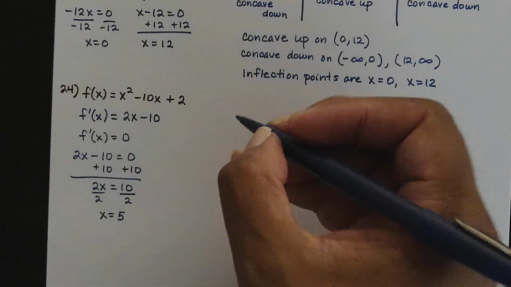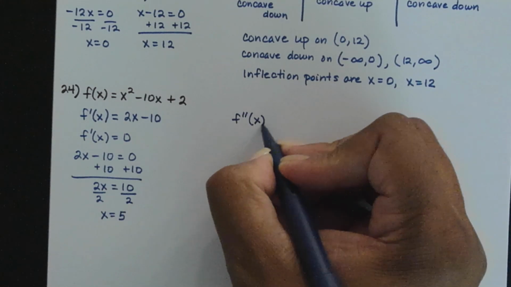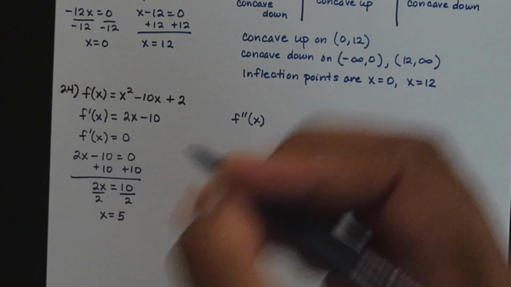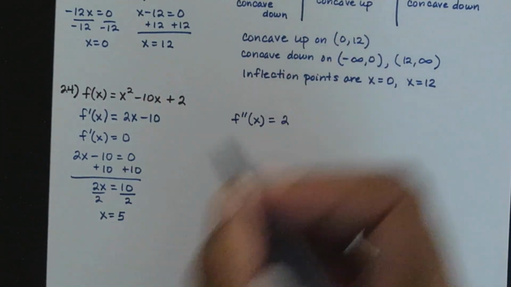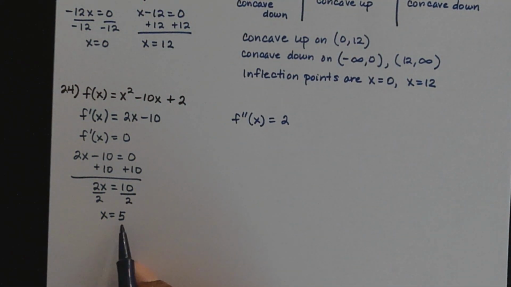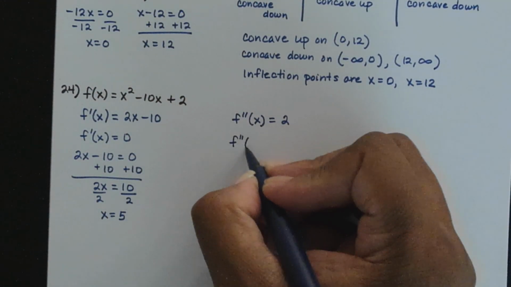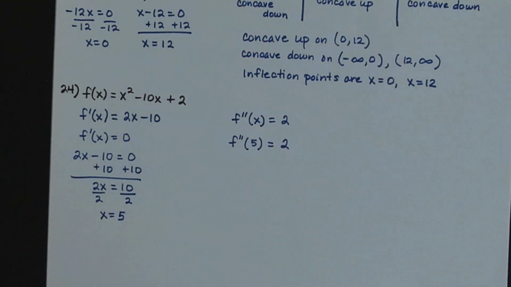Now we can find the second derivative of that function. If f prime of x is 2x minus 10, what must f double prime of x be? Just 2. Then I'm going to take this x equals 5 and substitute it into the double prime of x function. That's going to equal 2.